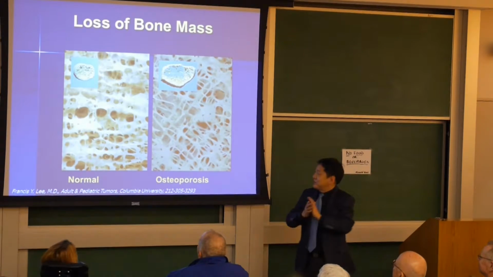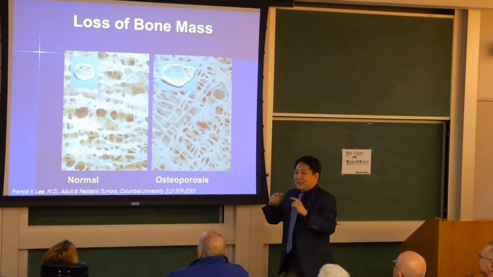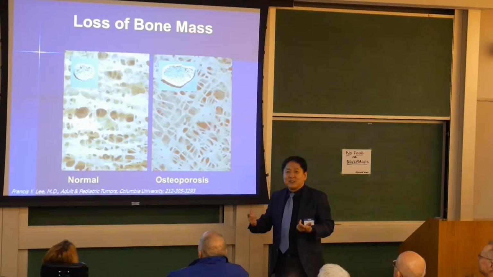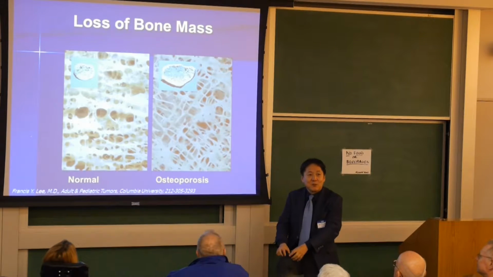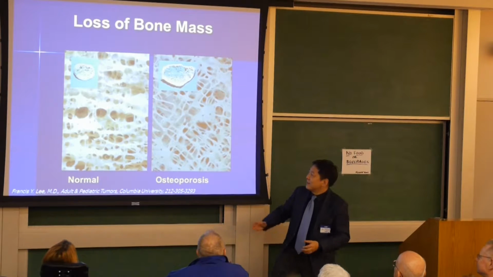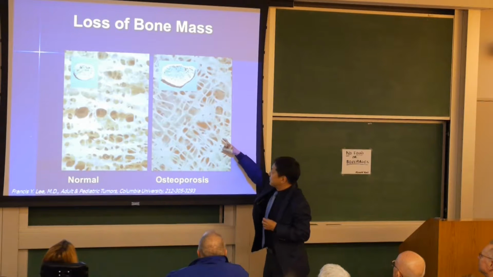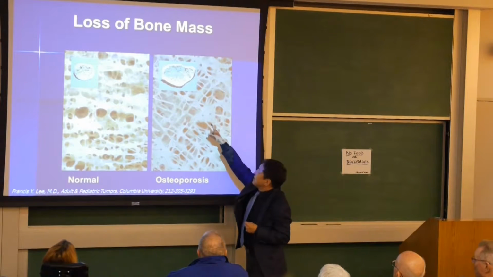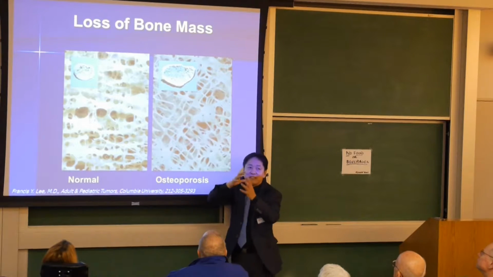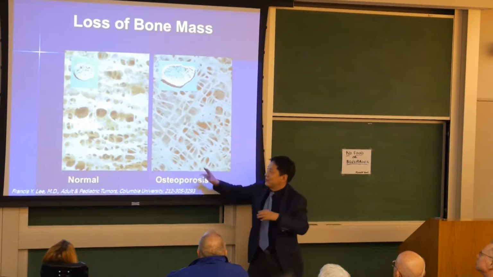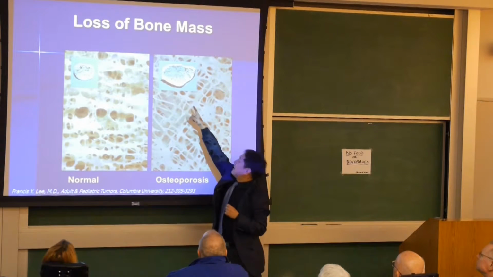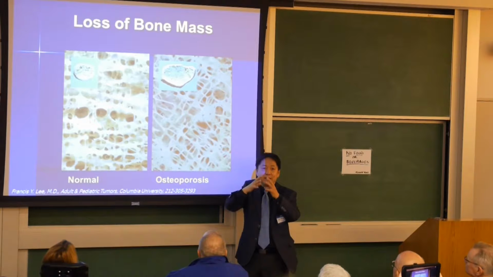So you talk about osteoporosis all the time, and in fibrous dysplasia, in a sense, you have some kind of localized osteopenia. So this is the normal bone, and this is bone from osteoporosis patients. And you see that the bone density is very low compared to the normal bone. At the same time, they lose connectivity.